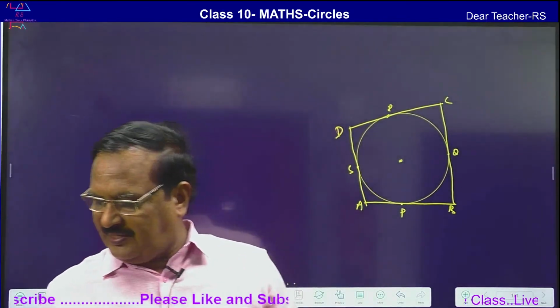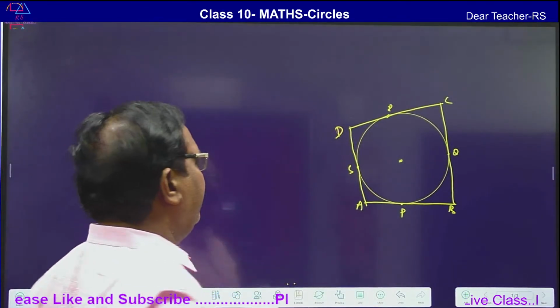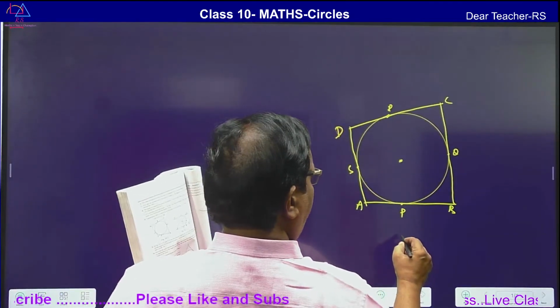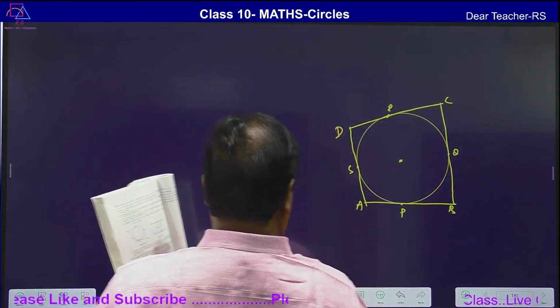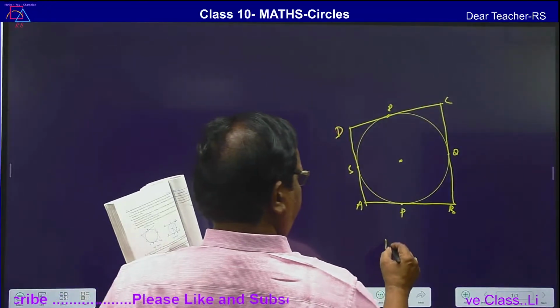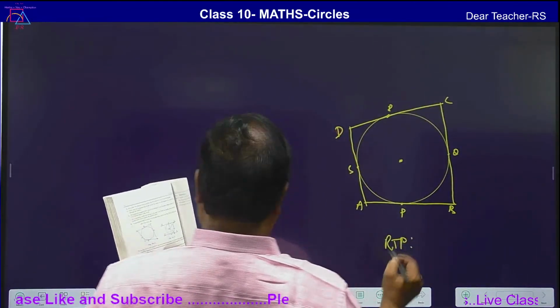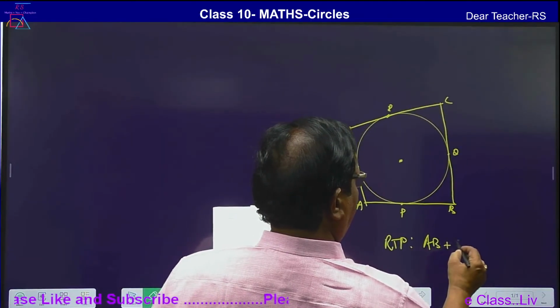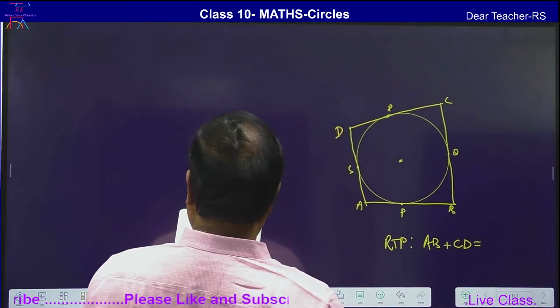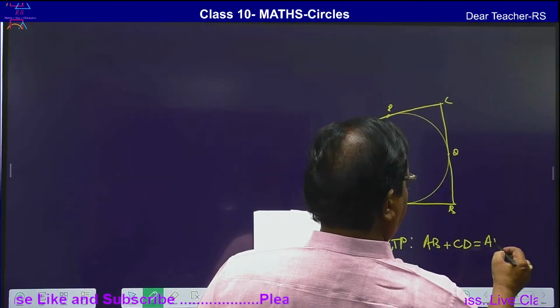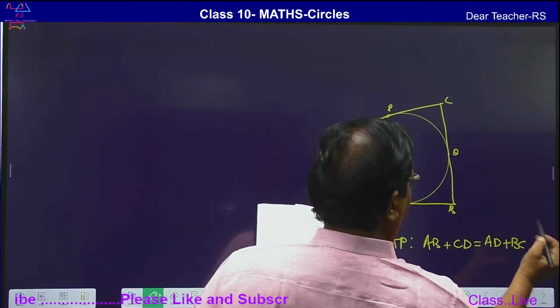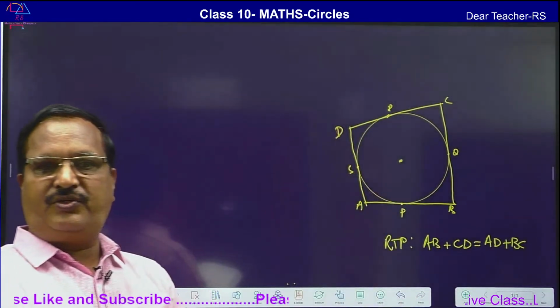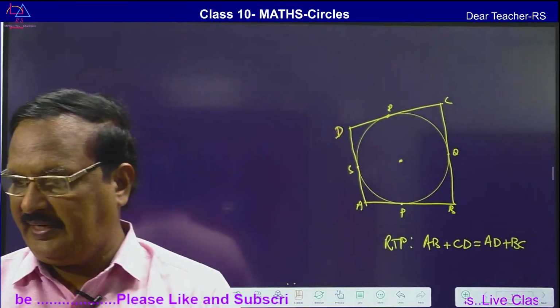So only 2 concepts you can easily apply. So here what we have to prove, RTP: required to prove AB plus CD is equal to AD plus BC. This is what we need to prove.